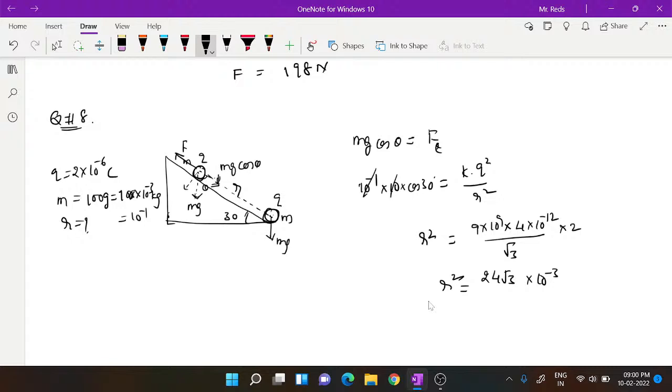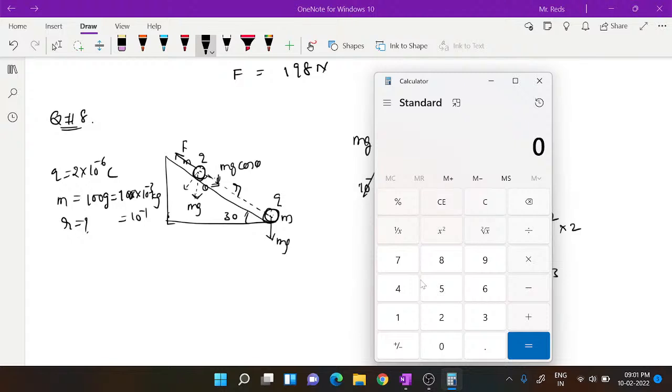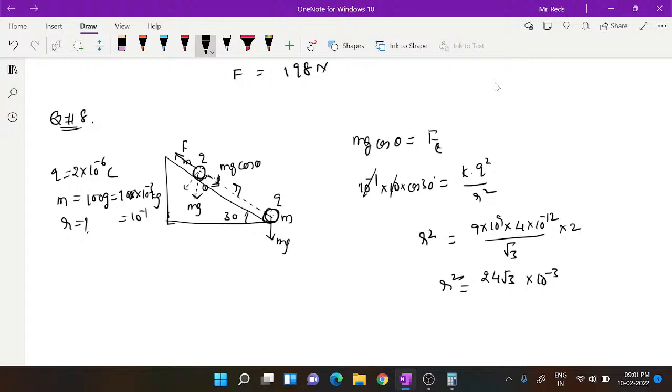Now r, if you write it, we take the square root of this, right? So if you find out the value of 24 into root 3, root 3 is 1.732, then find out 24 into 1.732, which is approximately 41.6 into 10 to the power minus 3.